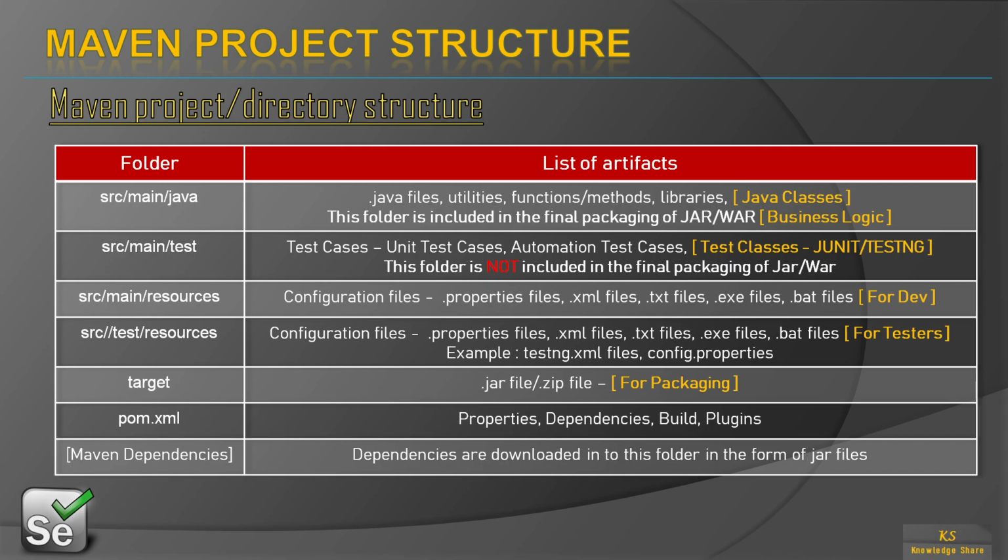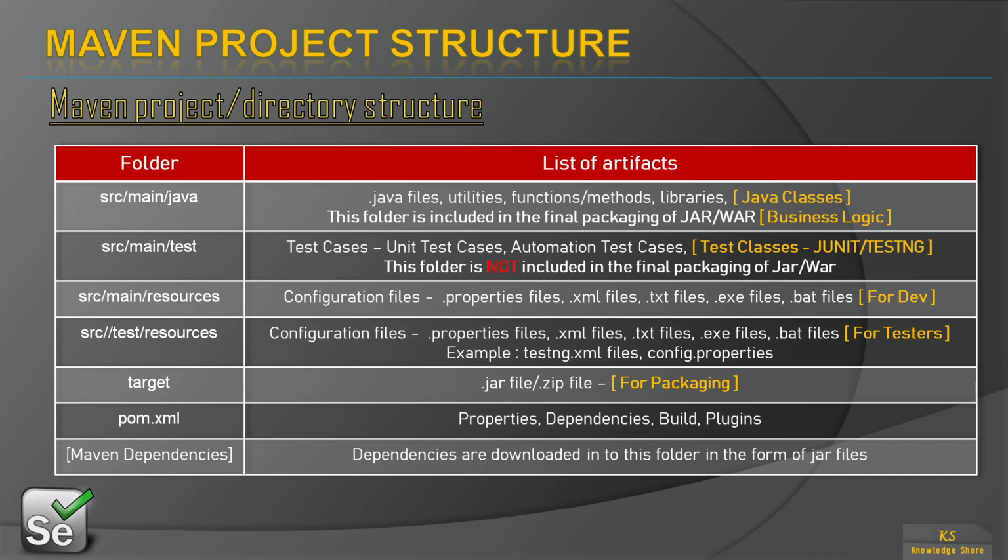Developers may maintain unit test cases in it, and testers may maintain automation test cases in this folder. Developers may use JUnit frameworks for writing unit test cases, and we as automation testers can use JUnit, TestNG, Cucumber, or whatever it is. We can maintain all those test related activities in this folder.